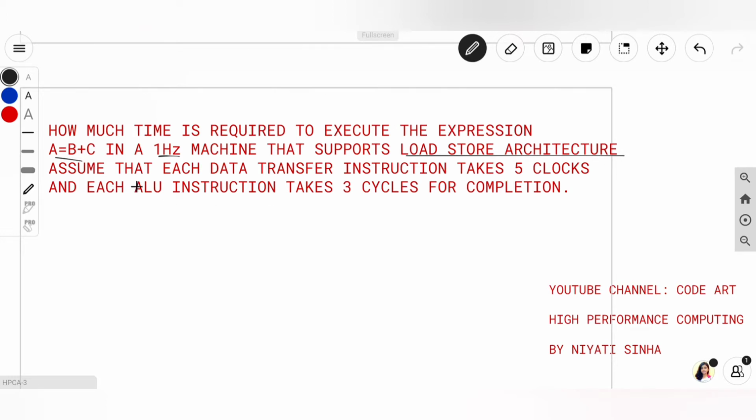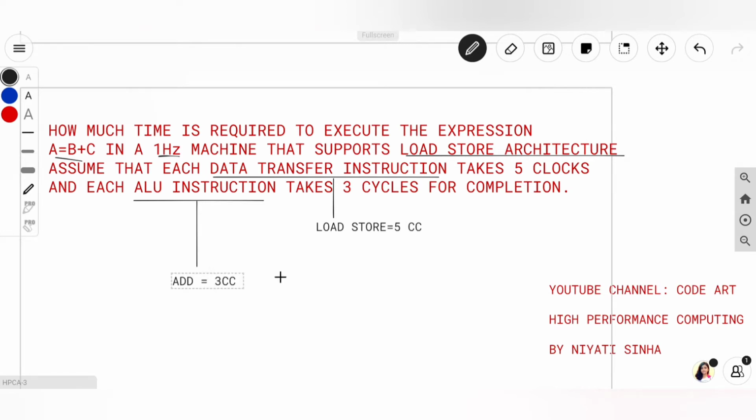Now, assume that each data transfer instruction is a load store instruction. Load store instructions are known as data transfer instructions, and they take 5 clock cycles. Each ALU instruction is an execution instruction, like here it is addition, and addition takes 3 clock cycles.